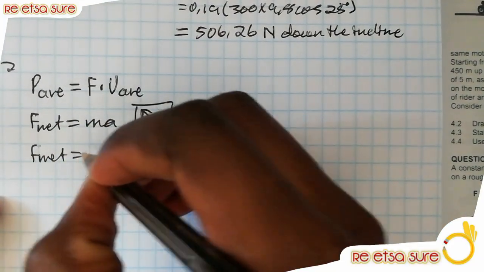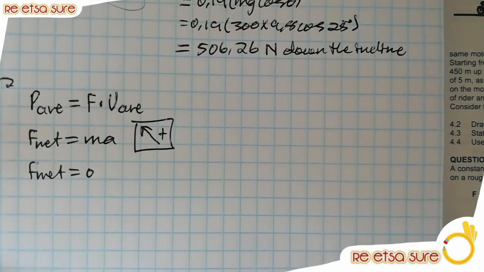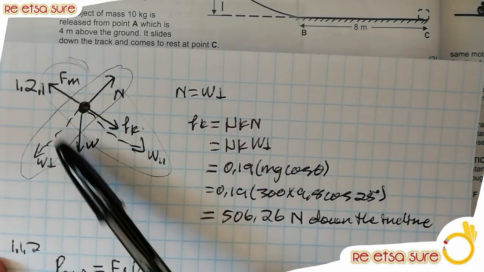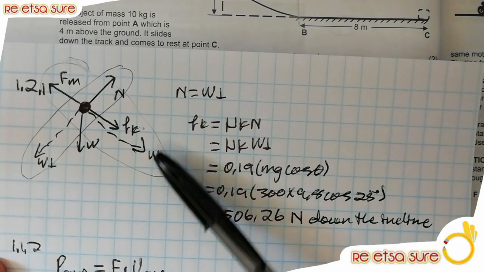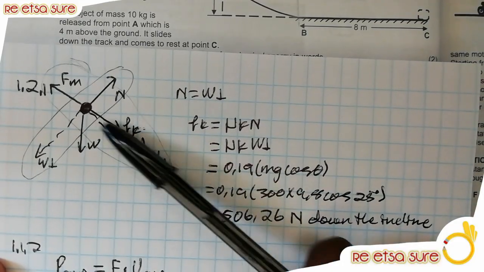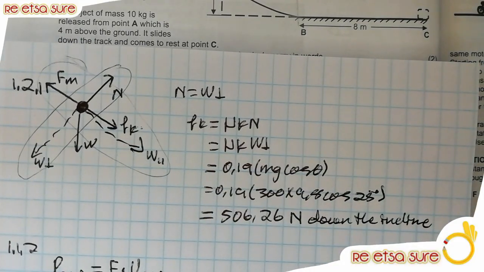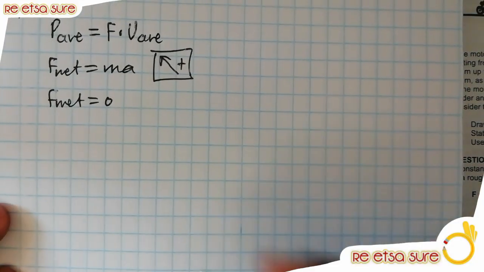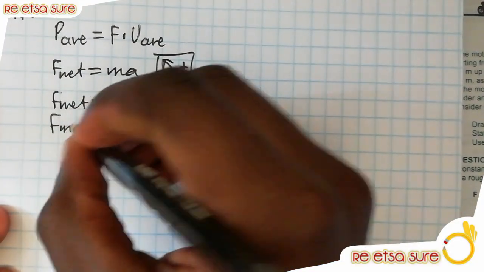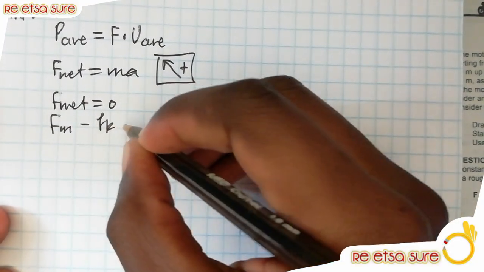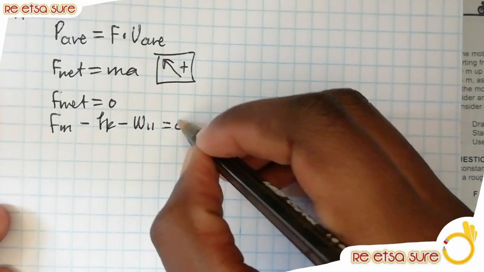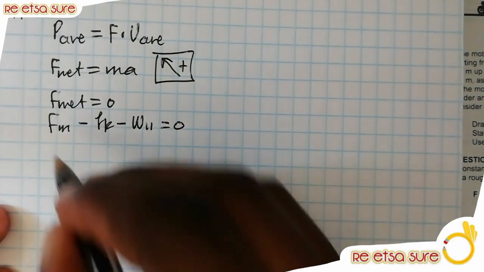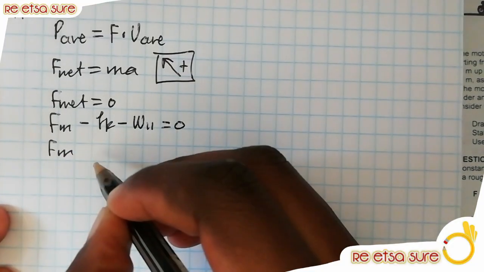F net is equal to 0. Now what are the forces acting on our object? We have force of the motor going up the incline, so it's going to be positive, and we have friction and weight parallel going down the incline, so they're going to be negative. Force of the motor minus frictional force minus weight parallel is equal to 0. I'm going to move them to this side, so they're going to be positive.